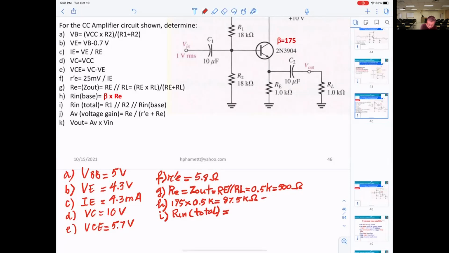This is R in base here. So they will be 1 over R1 plus 1 over R2 plus 1 over R in base.